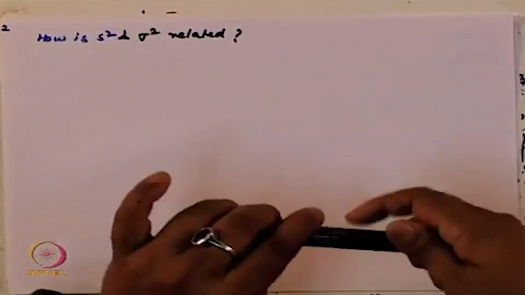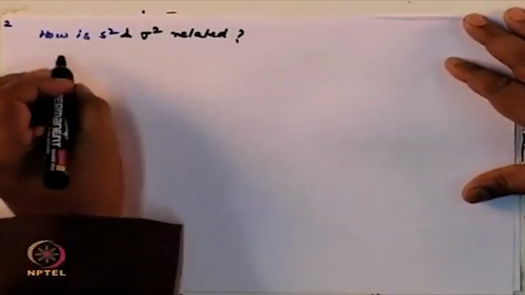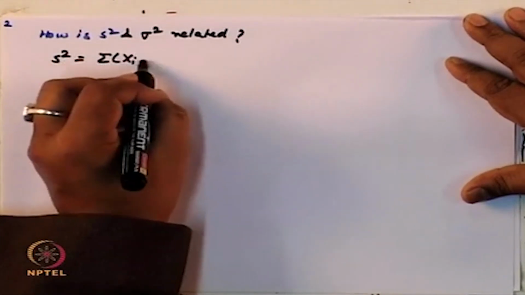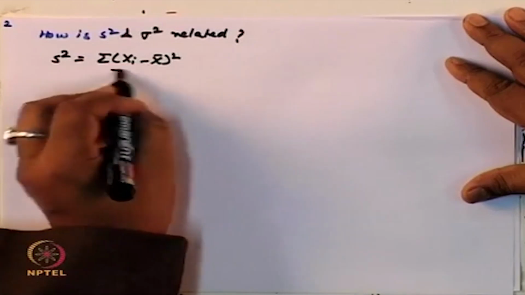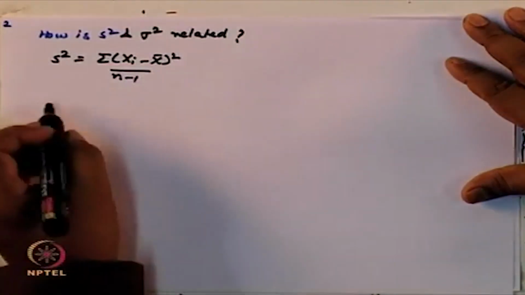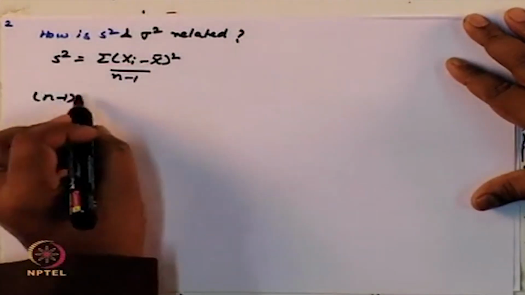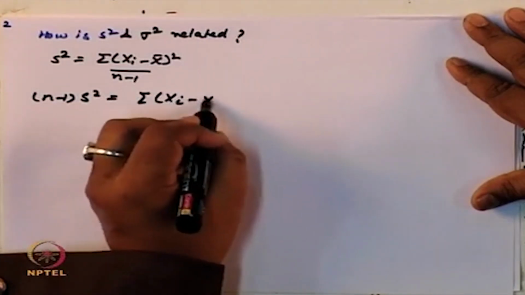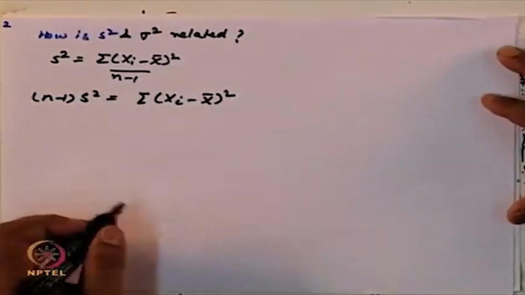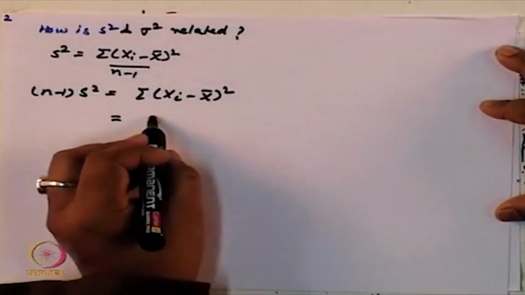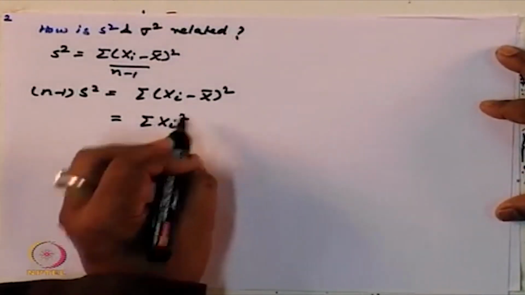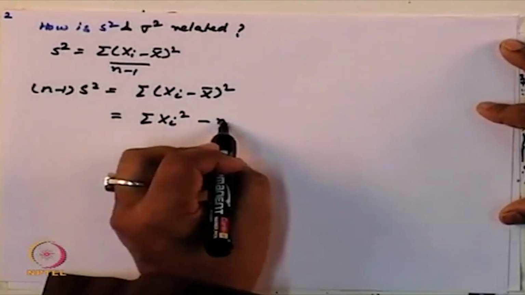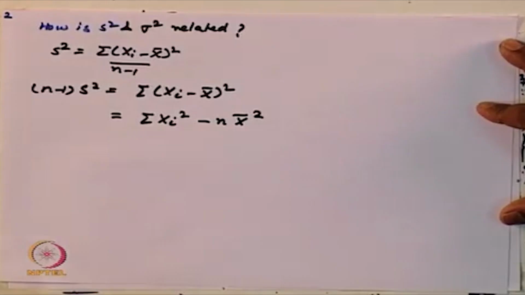Since S square is the summation of x I minus x bar whole square by n minus 1, I can write n minus 1 times S square equal to the summation of x I minus x bar whole square. As we have done before, this can be expanded and shown to be summation x I square minus n x bar square.